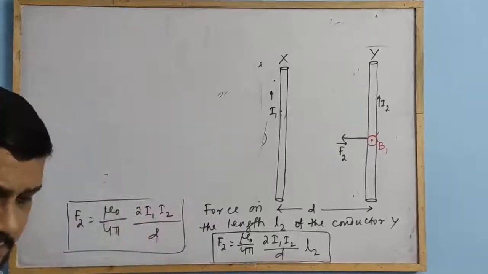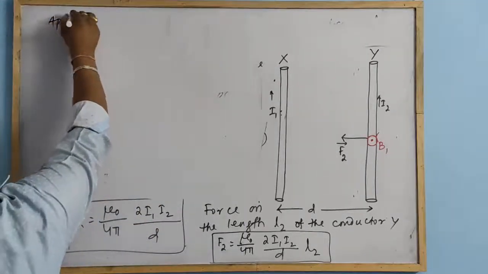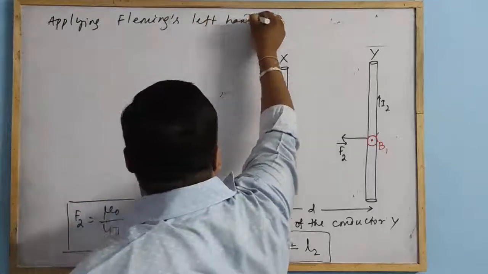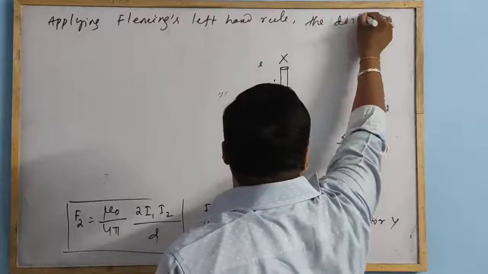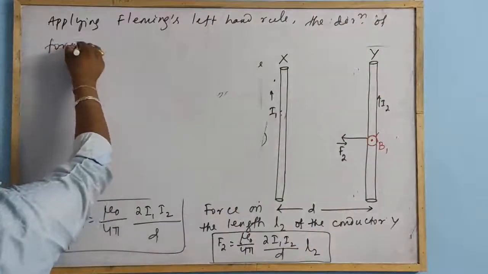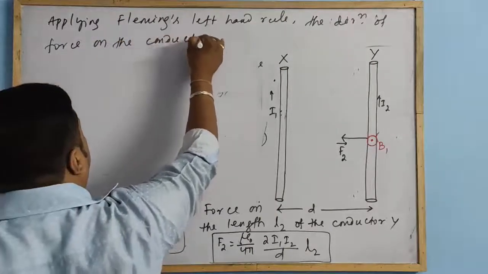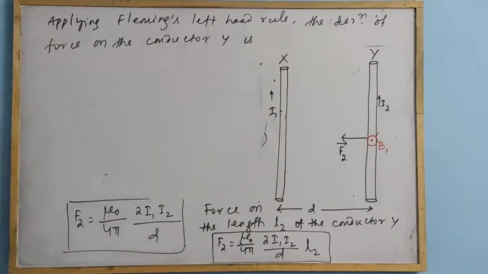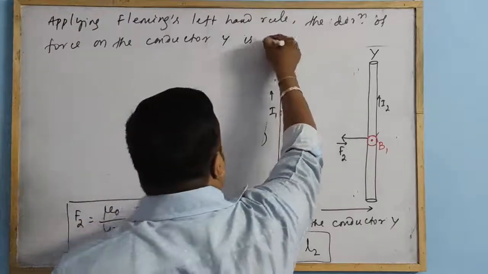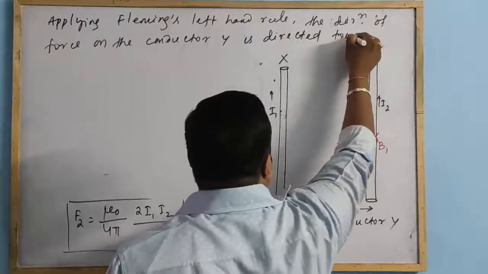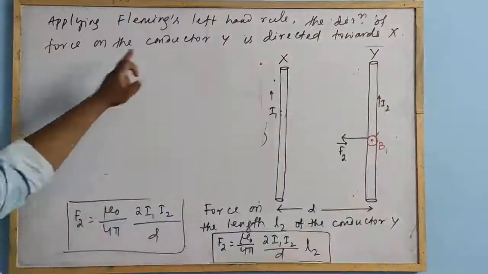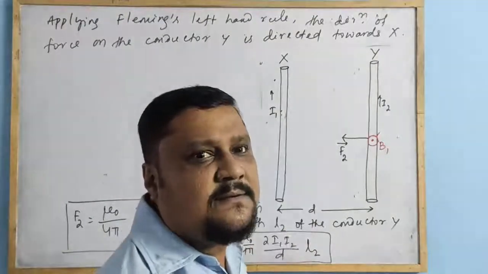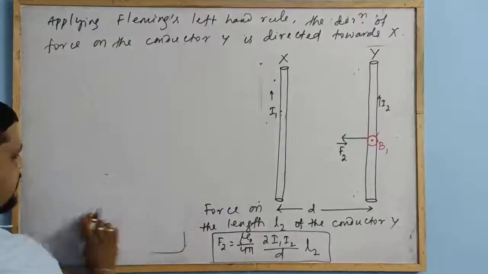Applying Fleming's left hand rule, the direction of force on the conductor Y is directed towards X. Similarly, you go for this one. Clear? Now what I will do is, see, I will do the second case also.